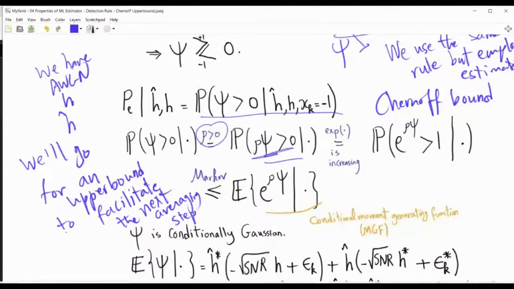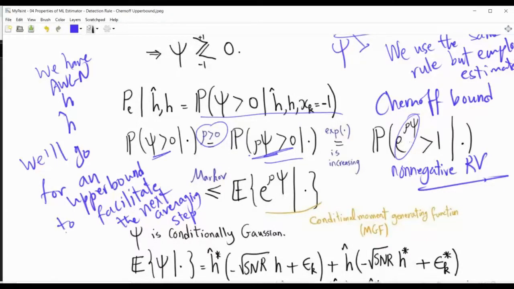In fact, this event is equivalent to that event because rho is strictly positive. Then the exponential function is increasing, so apply the exponential function to both sides. So e to the rho psi is greater than 1, and this is a non-negative random variable, and so you can apply Markov inequality.